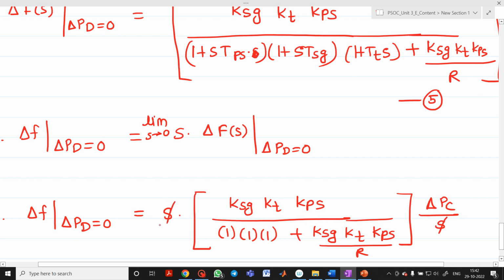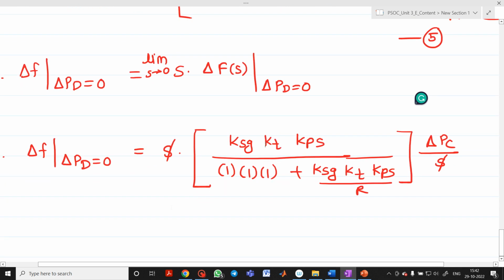So this s will get cancelled, and we will get this expression. Now we will make this KSG into KT nearly equal to 1. Before that, let me take this as equation number 6.